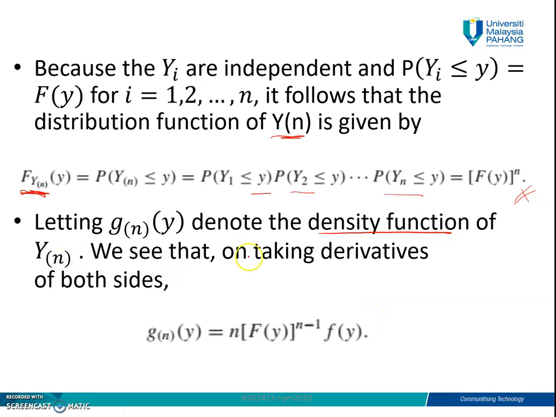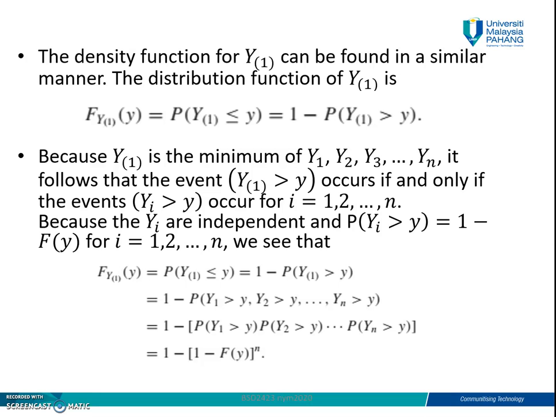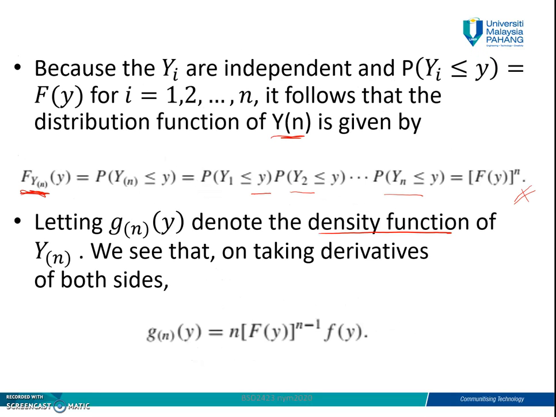On taking the derivative of both sides, you will get n Fy to the power n minus 1, times fy, because you differentiate inside. So you get the density function of y(n). That one is for y(n).